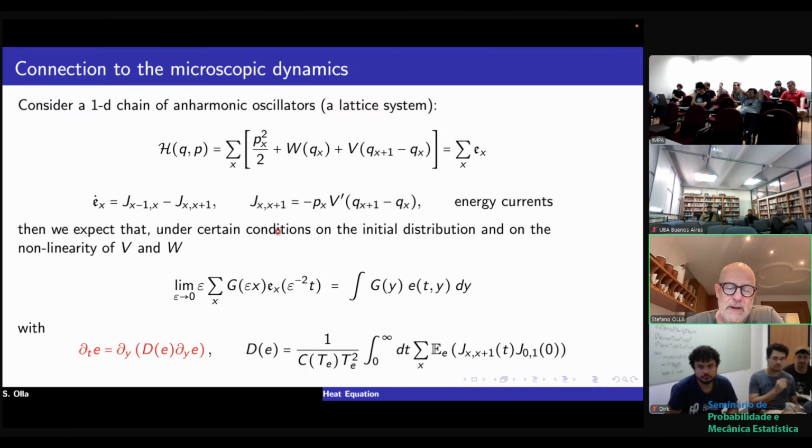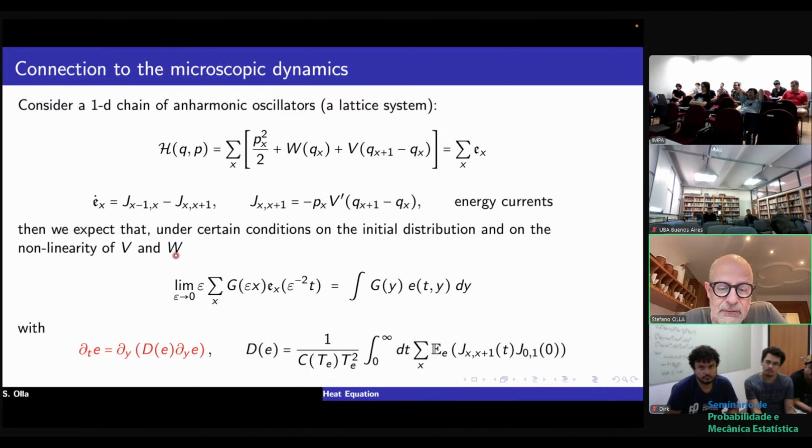And what we are looking for is a limit of this kind. We rescale space and time with a parameter epsilon, and eventually we take epsilon to zero. In finite volume, epsilon to the minus 1 will be the total dimension of the system, or the total number of particles.